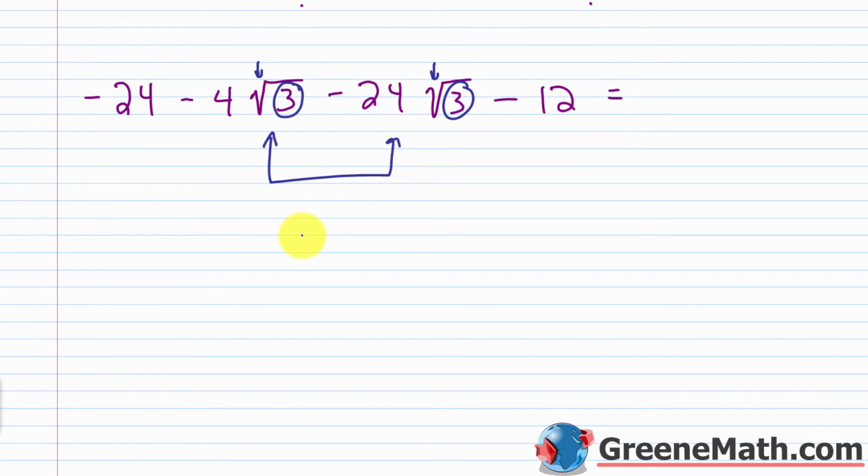So this would be negative 28 times that common radical, which is the square root of 3. Now, negative 24 and negative 12 can also be combined. Negative 24 minus 12 is negative 36. So I can write negative 36 out in front or behind, doesn't matter. So we'd have negative 36 minus 28 times the square root of 3 as our answer.